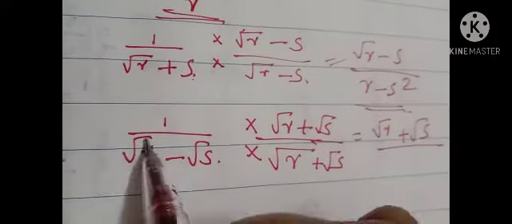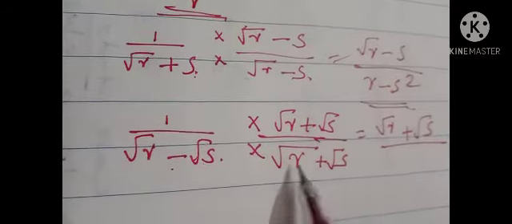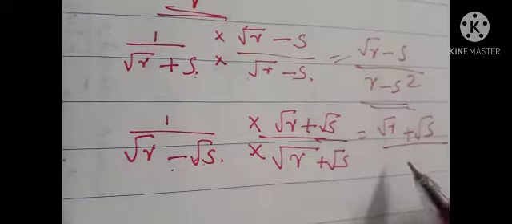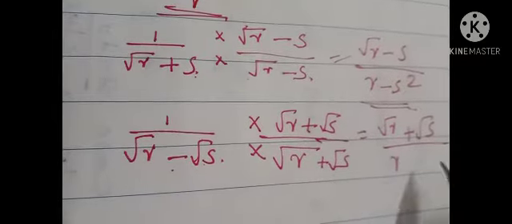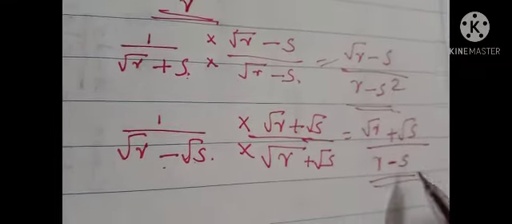The denominator becomes root r minus root s into root r plus root s. A minus b into a plus b is a square minus b square. Here a square becomes r and b square becomes s, so a square minus b square becomes r minus s.